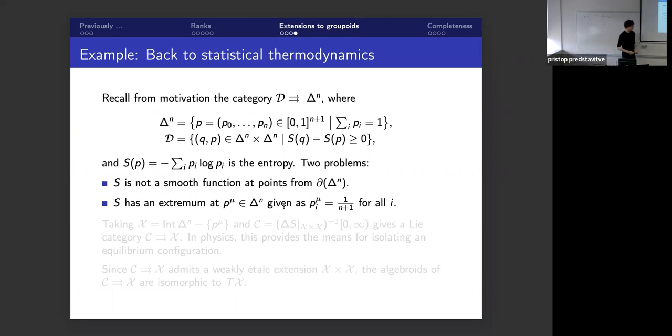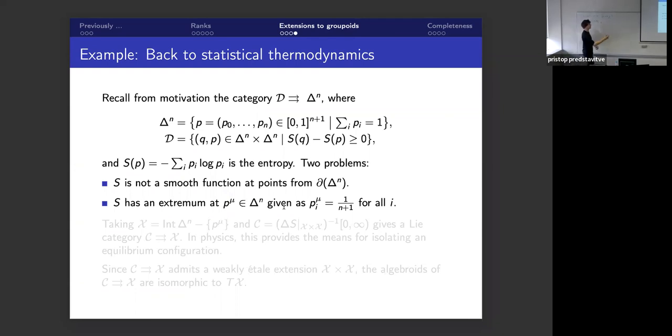This is rationalized by the fact that the entropy is not a smooth function at points from the boundary. It's a continuous function. It can be extended to a continuous function from the interior to the boundary by noting the behavior of x times logarithm of x as x goes to zero.